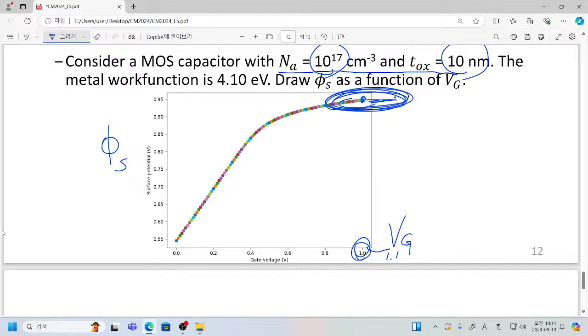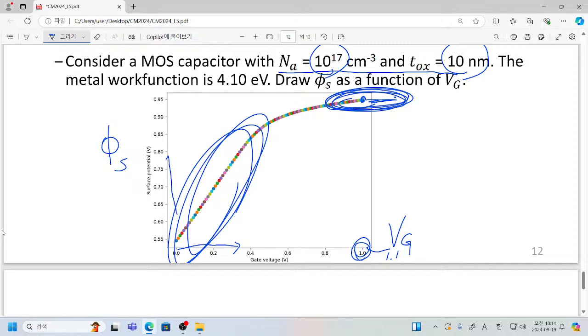So this shows surface potential pinning, and in this part, of course, when you change your gate voltage, it is directly converted into the change of your surface potential.